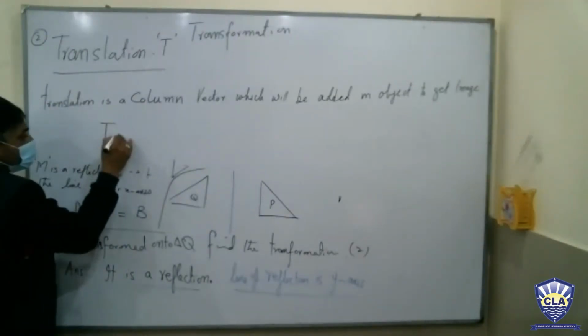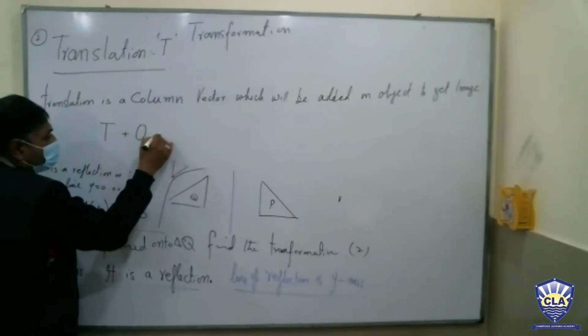Capital T translation plus object equals image.